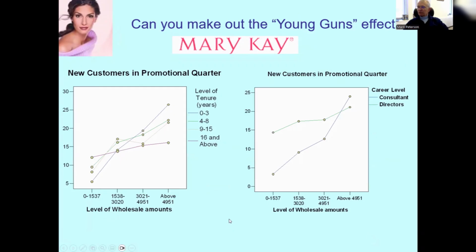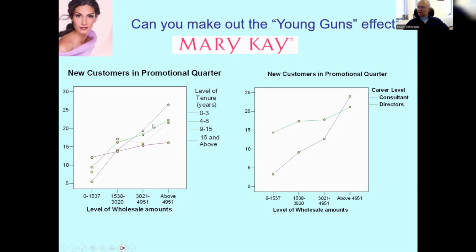This is real data from the Mary Kay Corporation based in Dallas. It's a direct selling organization for cosmetics and has been highly successful over the years. Can you make out the young guns effect here? The lines represent levels of tenure. The blue line is for the young, 0 to 3 years in tenure.